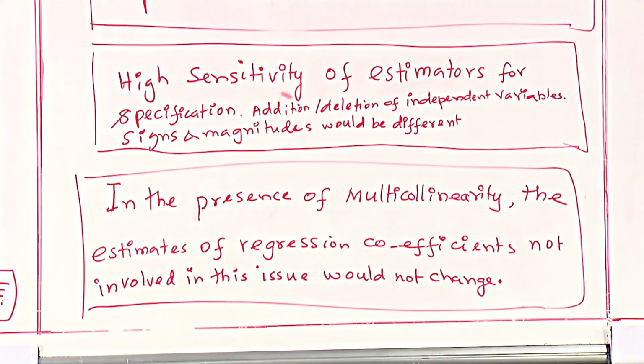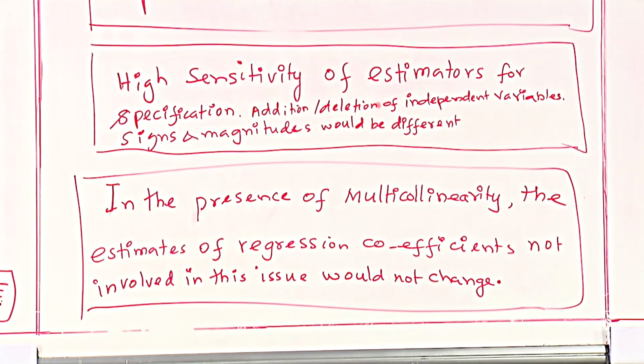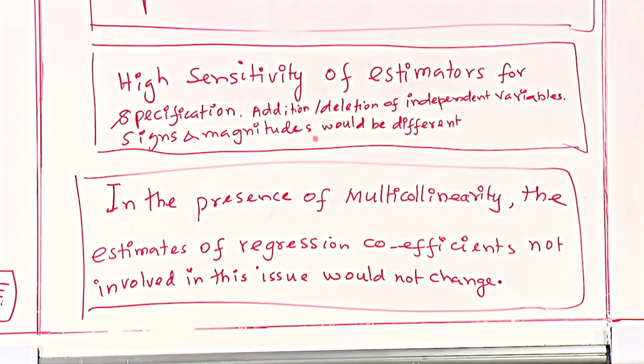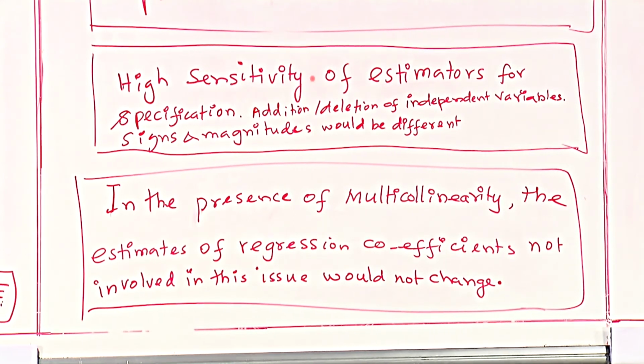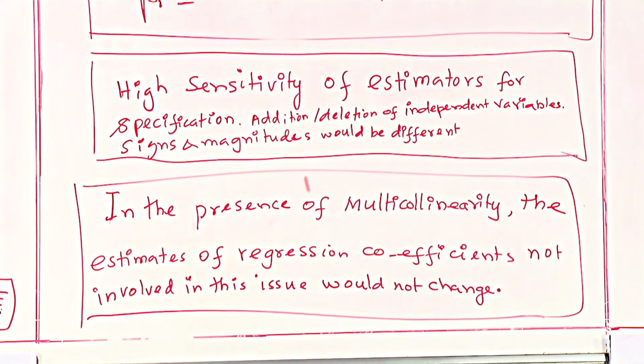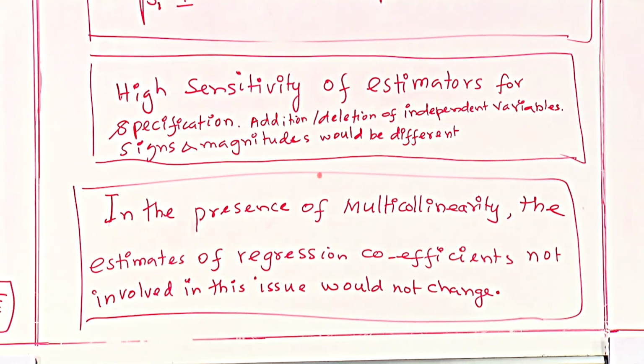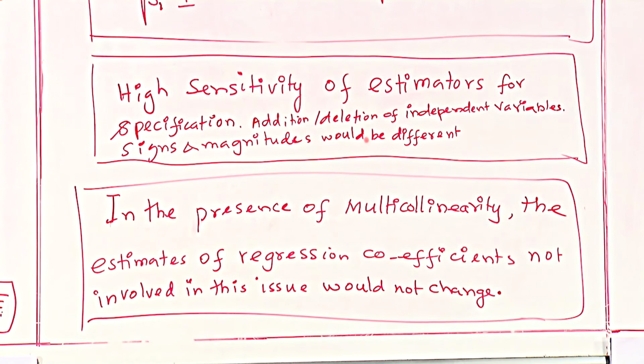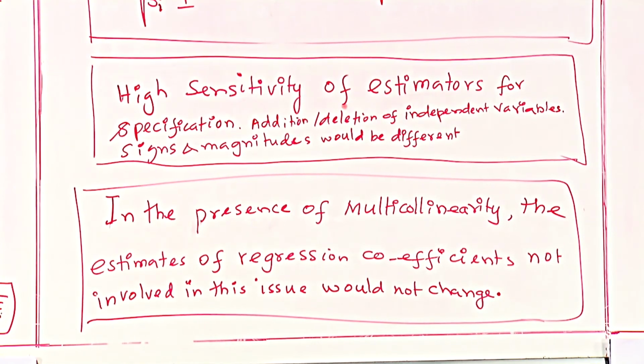So, when you add new independent variables or delete independent variables that are affected by the multicollinearity, the signs and magnitudes will greatly vary. So, that is another consequence of the multicollinearity problem.